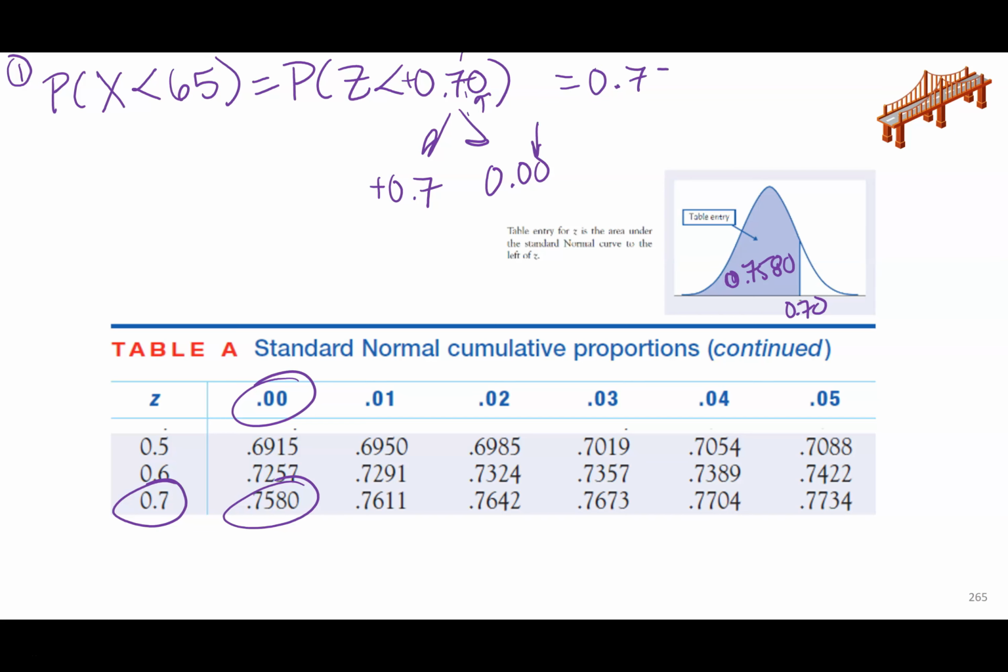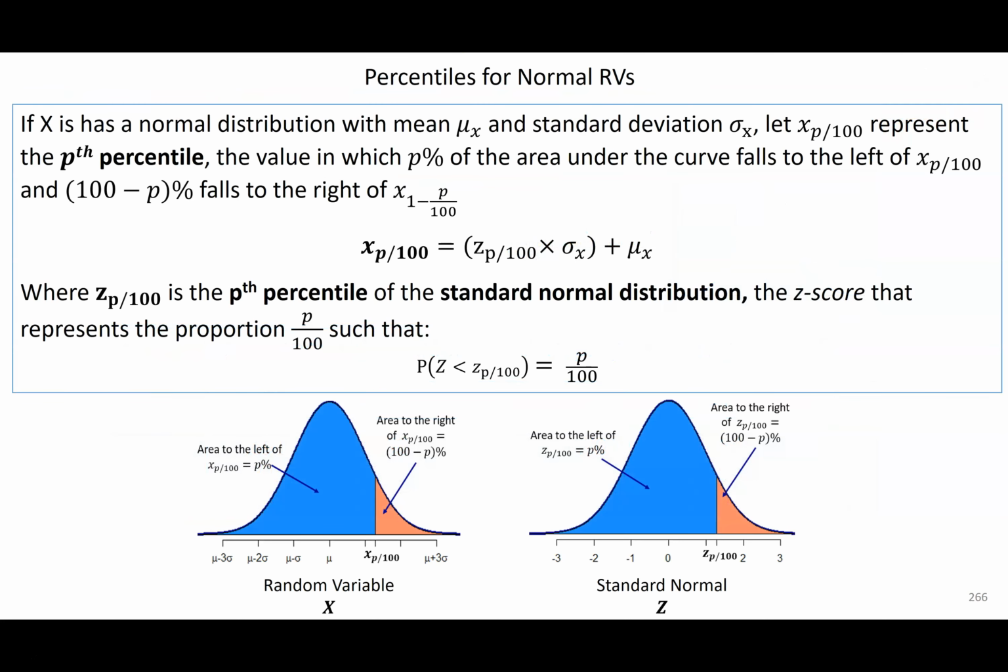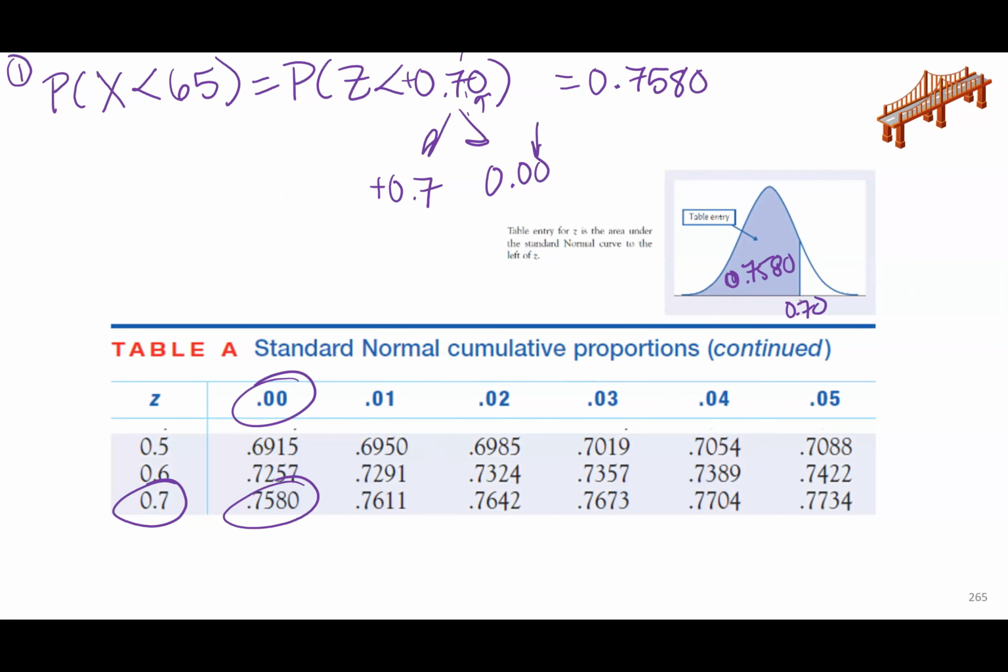This is an excellent place to stop and go, have I answered the question? No, not quite yet, right? We went off on a side quest. So now, let me see, does this next, nope, not quite. Our next part, so finish, the probability that x is between 40 and 65.